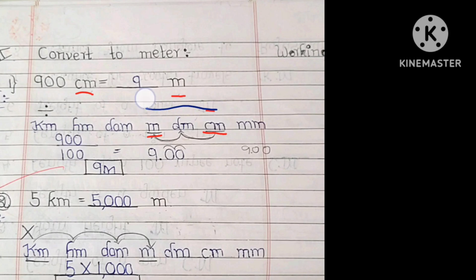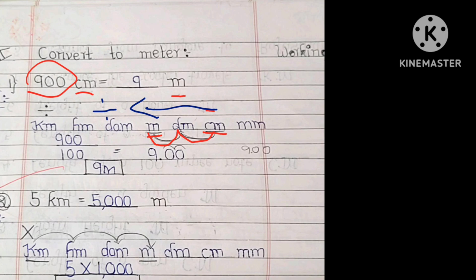From the centimeter to meter, it is moving towards the left, which means the arrow is left. It indicates division. You need to do division. Why? If the arrow moves towards left, division, right, it is multiplication. I told you before. And from centimeter to meter there are two jumps.